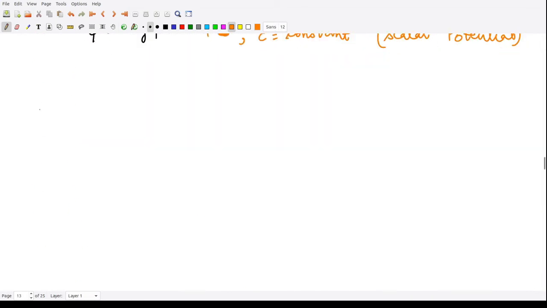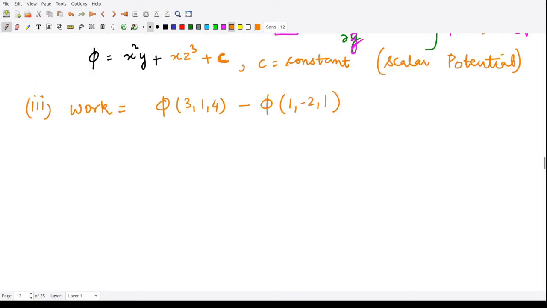That is easy. So for the third part, the work done could be calculated when you substitute the value of the given points 3, 1, 4, the final position, minus the initial position, that is 1, -2, 1, in the given value of phi. Now you obtained this value of phi as this one. So when you substitute the value of x as 3, you have 3 square, the value of y as 1 plus 3 into 4 cube plus c. This is for the first part.